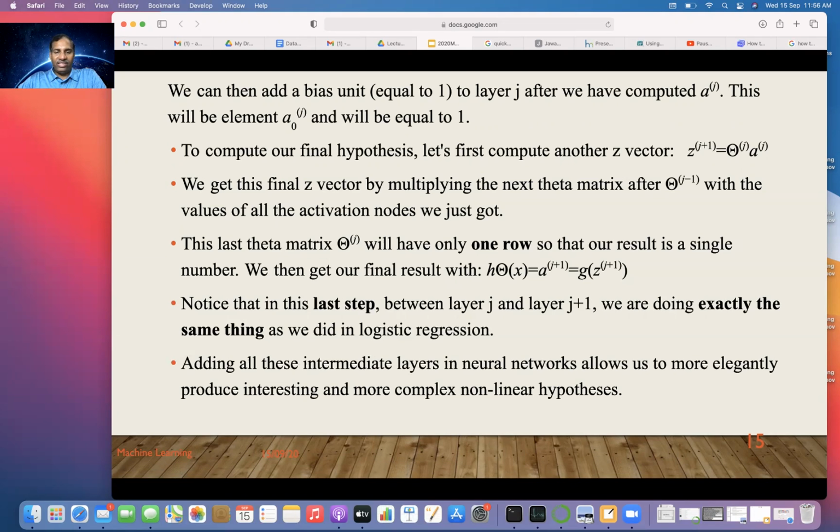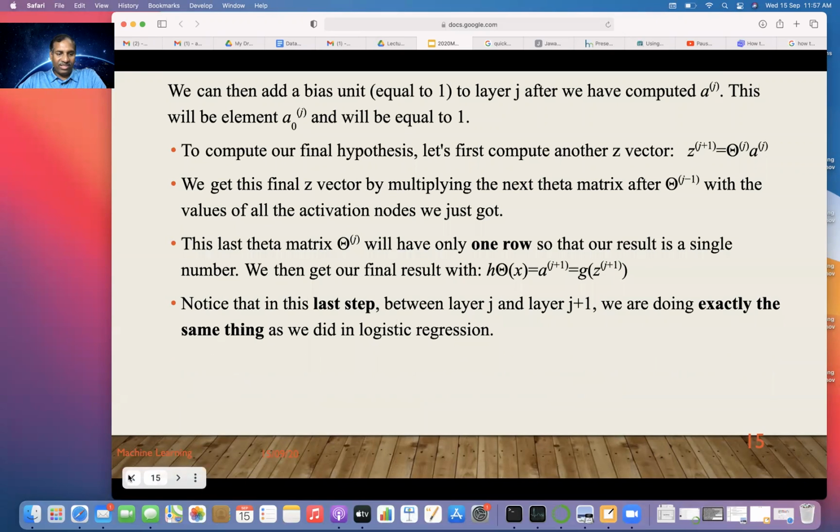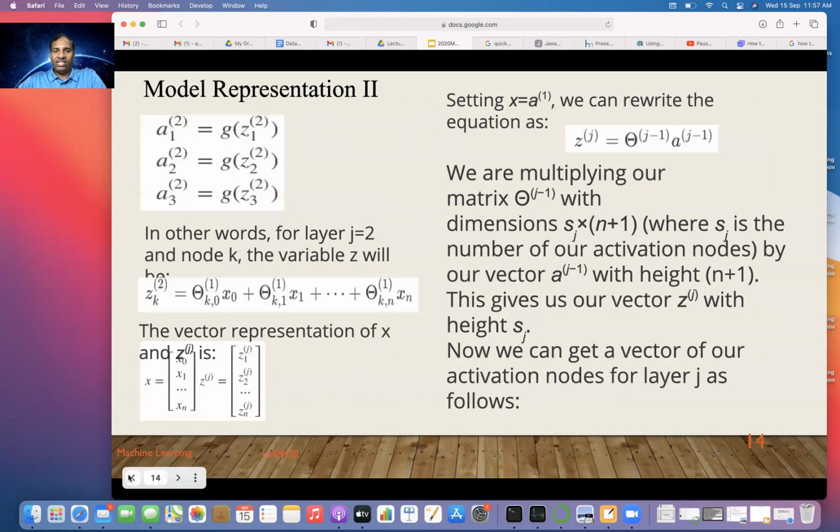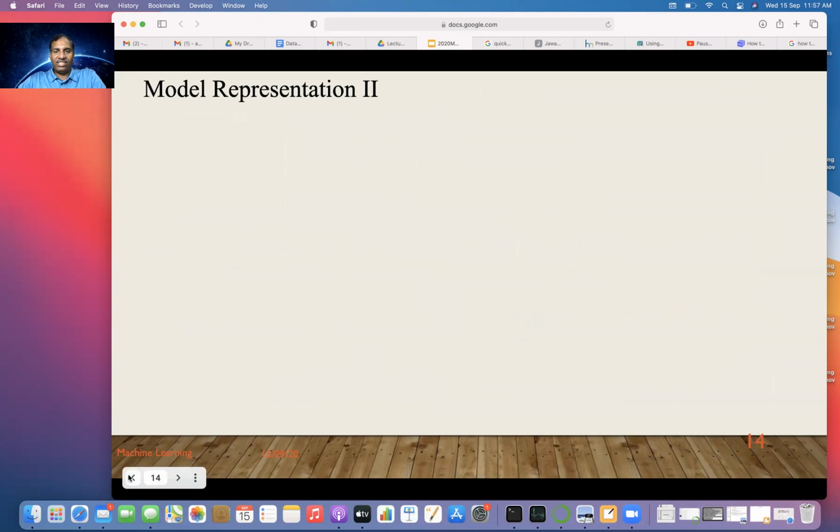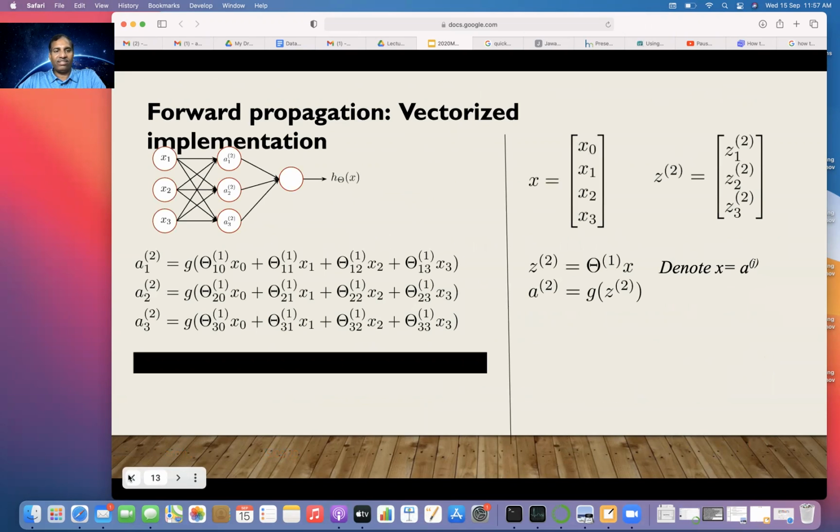So adding all these intermediate layers in neural networks allows us to more elegantly produce interesting and more complex nonlinear hypotheses. If you go back and ask why we are not getting anything nonlinear in the last layer: if you see your last layer, all three are producing only one h theta x, right?